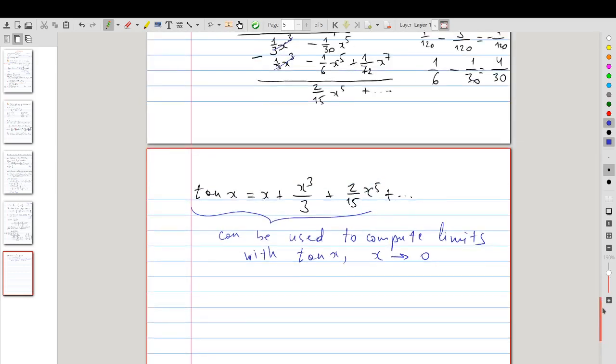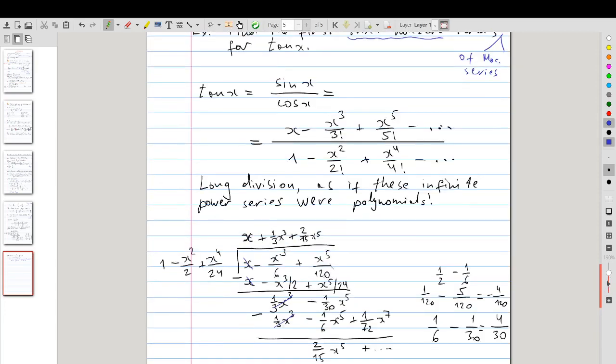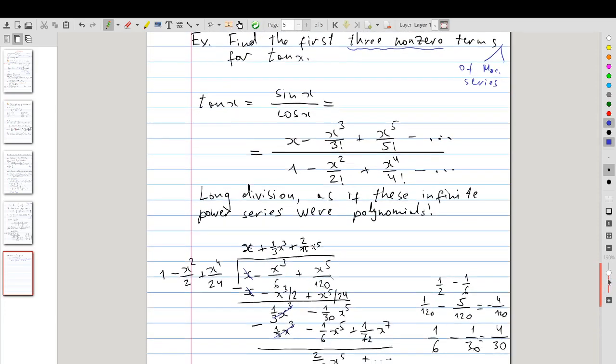Now, how does this method compare to just using the definition?